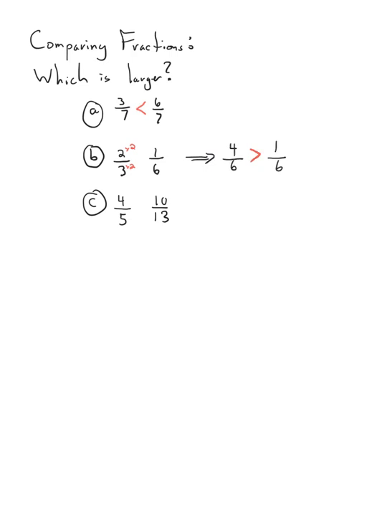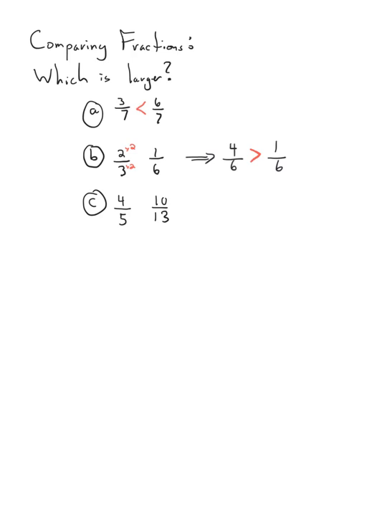Okay, now let's look at the last one, 4/5 and 10/13ths. So here, what we can do, this is a really good idea, and you can always do this to get 2 fractions with an equivalent denominator.